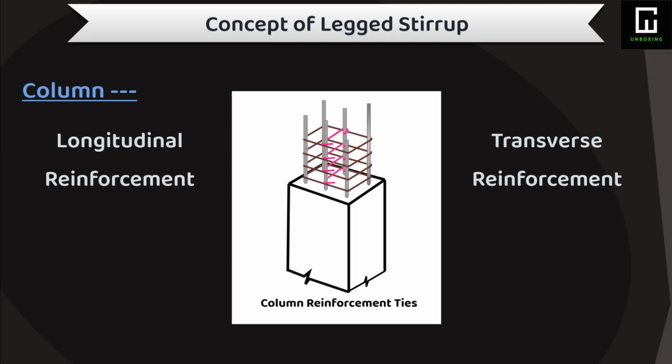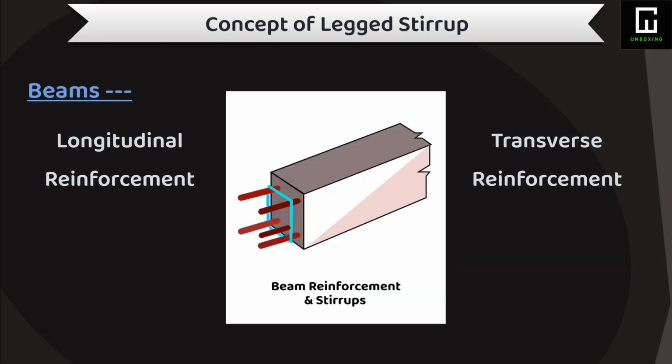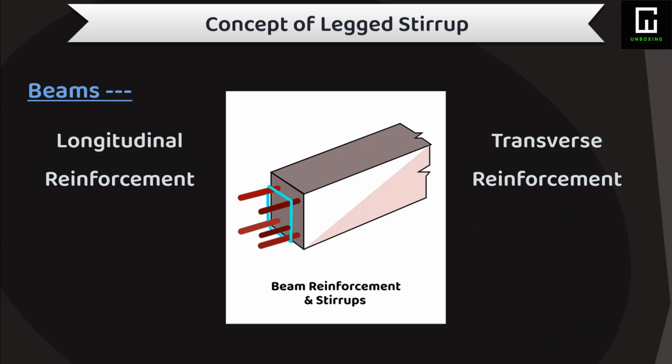Stirrups or lateral ties for columns are mainly provided for counteracting the buckling effect of the column due to loading conditions, whereas stirrups of beams are provided to resist shear and also to hold the longitudinal reinforcement in place. The stirrups resist flexural shear and diagonal tension crack formations.